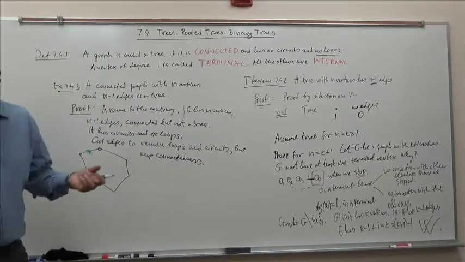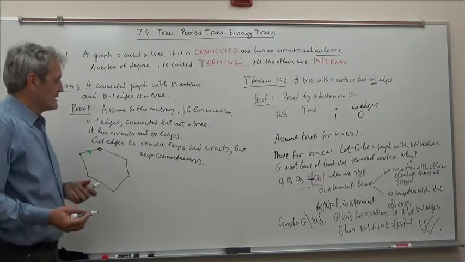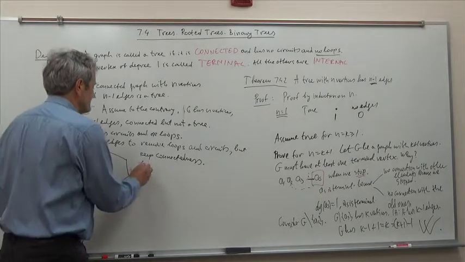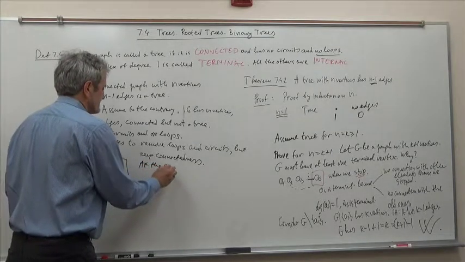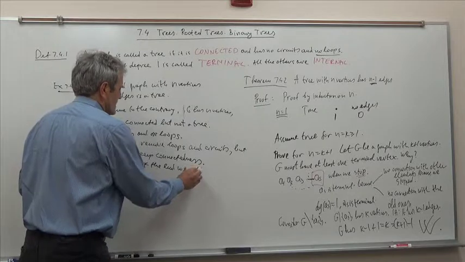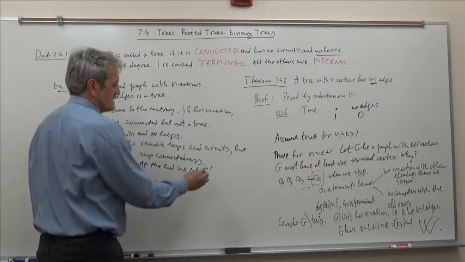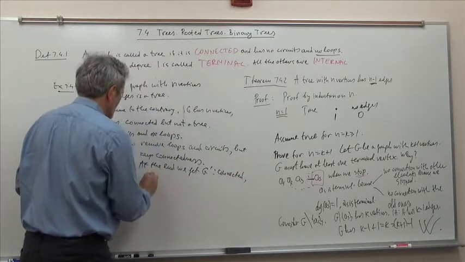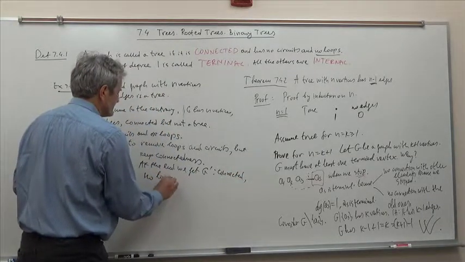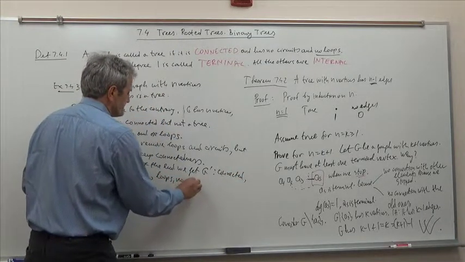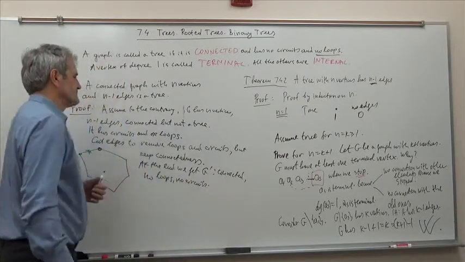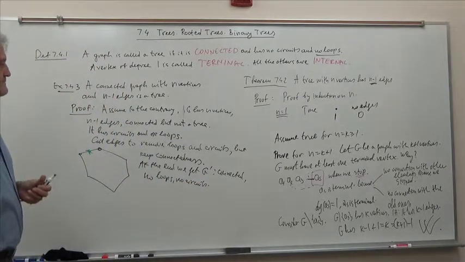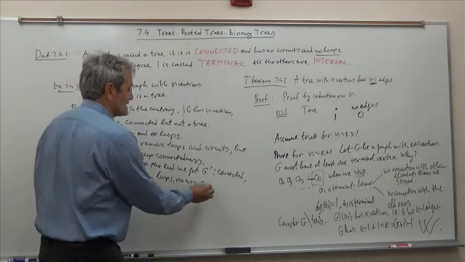And this cannot go on forever because we have finitely many edges. So what happens at the end? At the end, we get a G prime that is what? Connected, no loops, no circuits. And it has what?